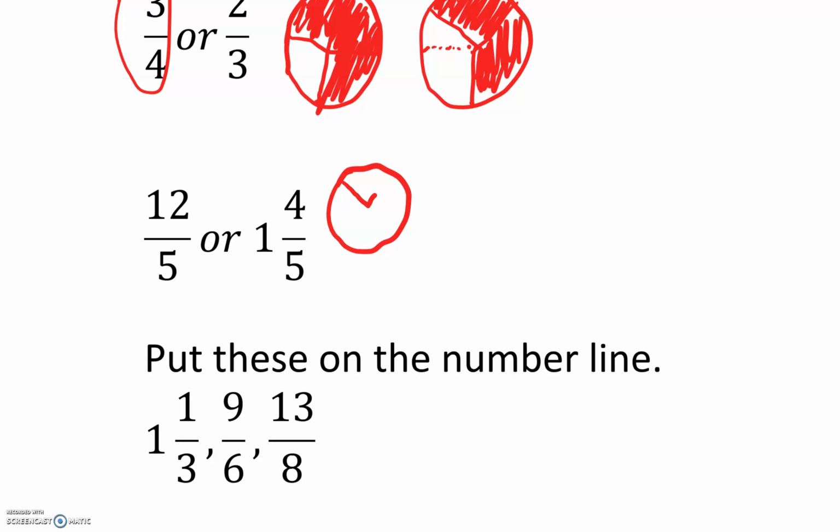We've got 1, 2, 3, 4, 5. 1, 2, 3, 4. Wait, 1, 2, 3, 4. Oh, that's not very well done. 1, 2, 3, 4, 5. That's better. And now we're left with about 2.